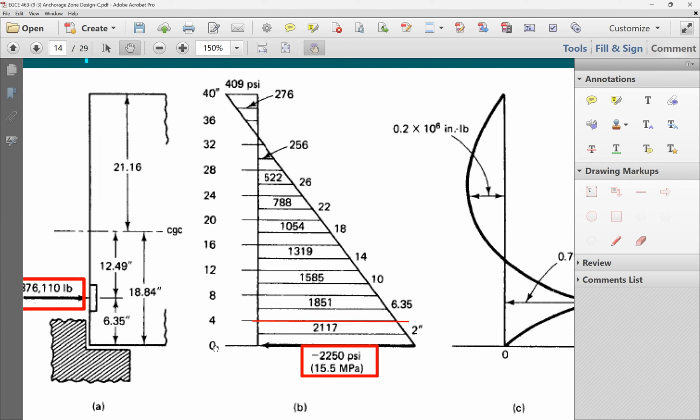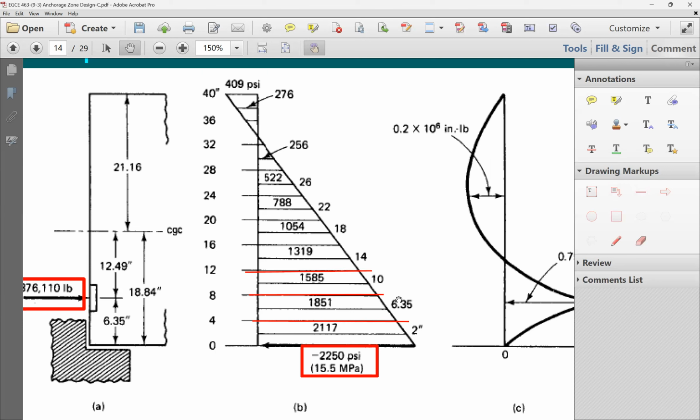So the height from the bottom is 0, all the way at the bottom. Height is gonna be 4, 8, 12. How many segments do I have? 40 divided by 4 is gonna be 10, right? 10 pieces. Okay, good.